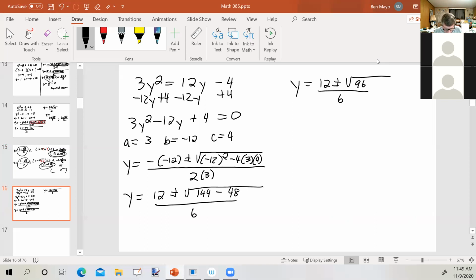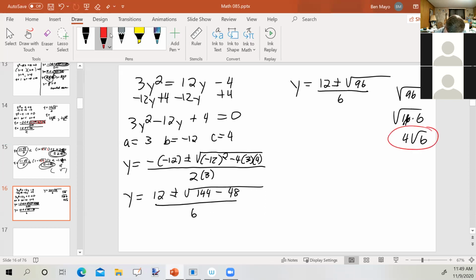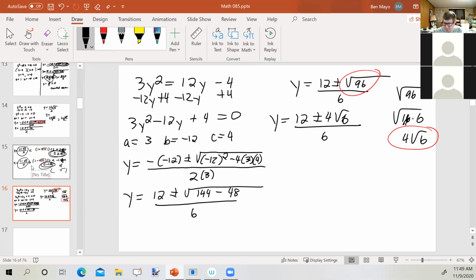I'm pretty sure it isn't. I go to my calculator. No, it isn't. But I can simplify the radical again, like we did back in chapter 9 or in 10.1. The square root of 96 would be the square root of 16 times 6, which would be 4 square roots of 6. So now I'm going to put this in the place of that, and I'm going to get y equals 12 plus or minus 4 square roots of 6 all over 6.